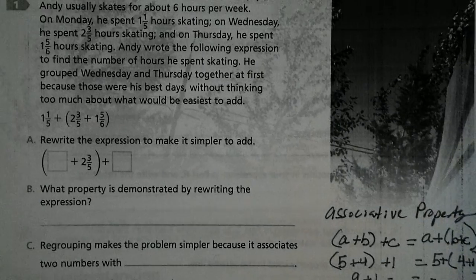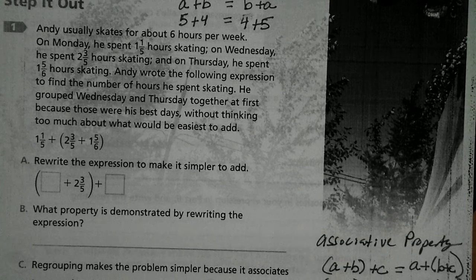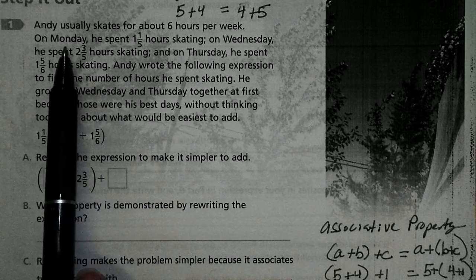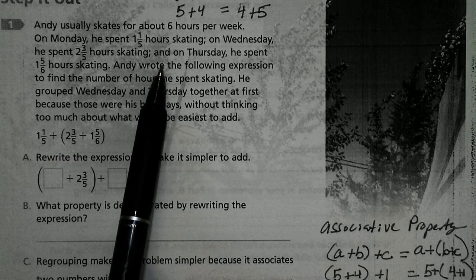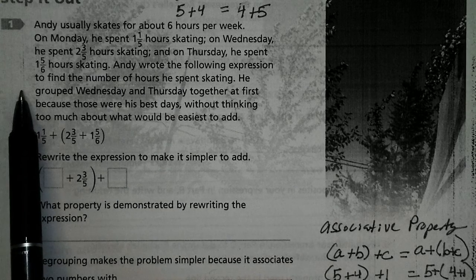So let's look at the first problem. It says Andy usually skates for about 6 hours per week. On Monday, he spends 1 1/5 hours skating. On Wednesday, he spends 2 3/5 hours skating. And on Thursday, he spends 1 5/6 hours skating.